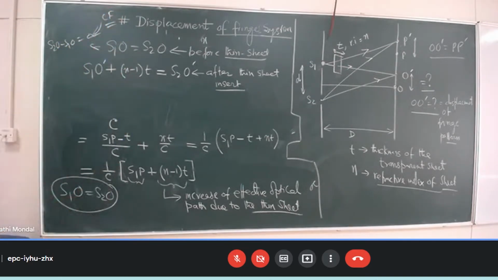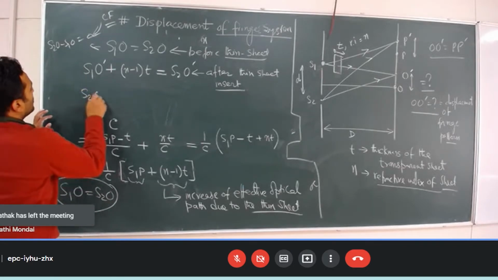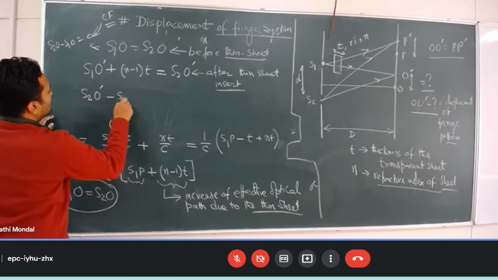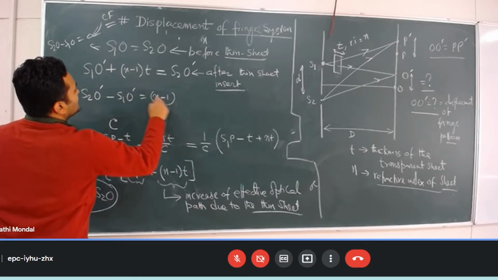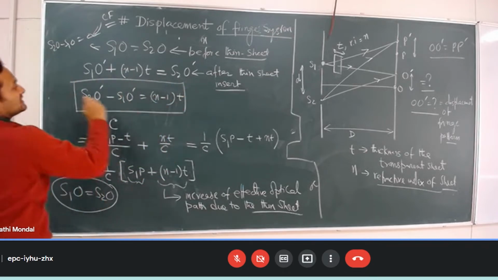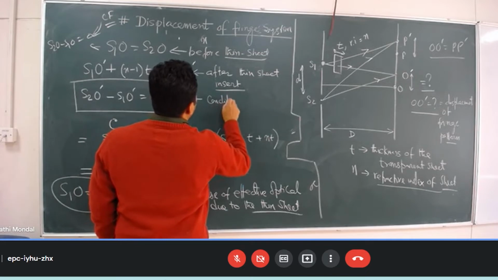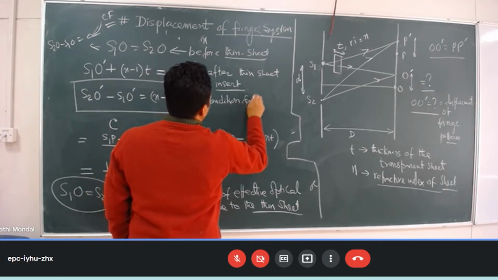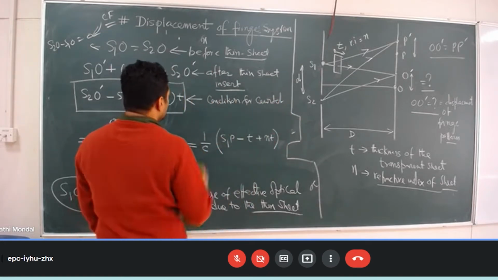Now S2O dot minus S1O dot equals N minus 1 into T. So this is the condition for the central fringe.